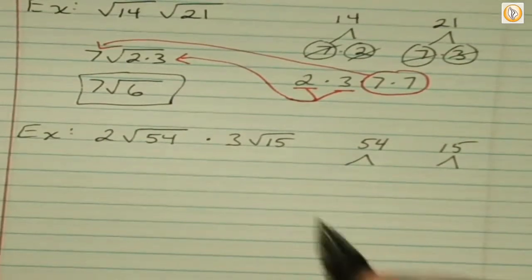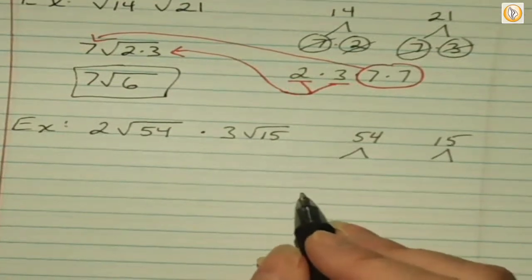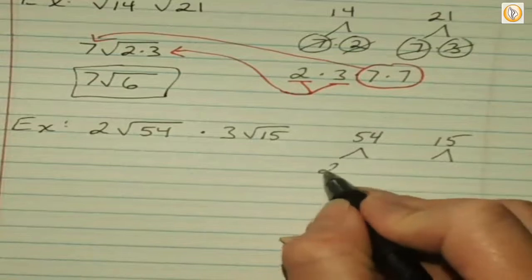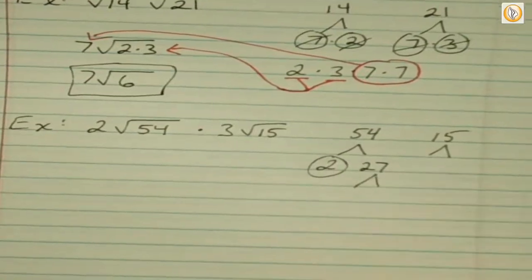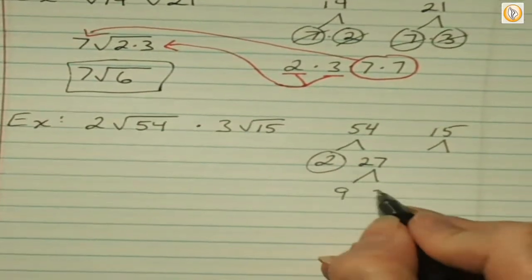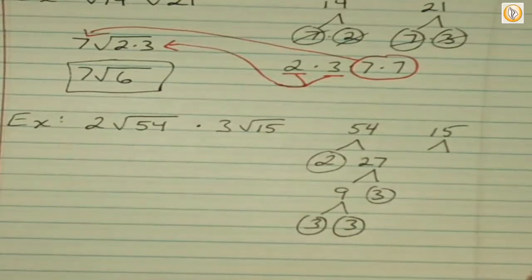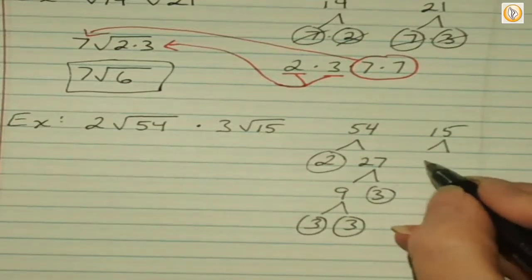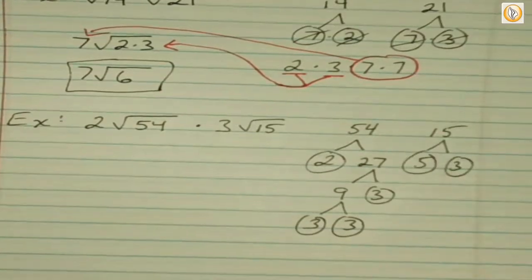Okay. What two numbers give me 54 when multiplied? Italia? 2 and 27. That's exactly what I have, actually. And 27. And then what two numbers give me 27? 9 and 3, and then of course we have 3 and 3. And then of course 15 is 5 and 3.